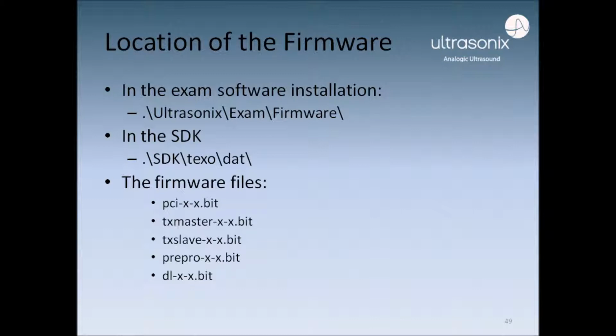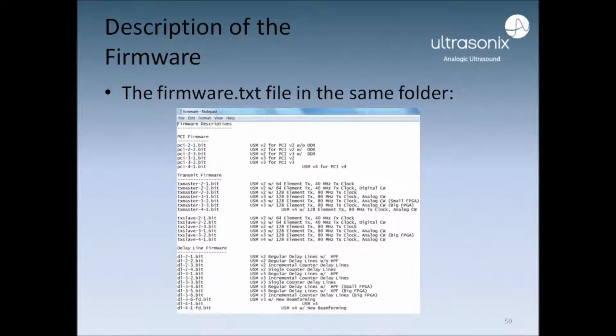The firmware files are .bit files, and here is a short list of them. The X's are the revision numbers. Also, in the same folder, you can find a firmware.txt file which explains what each of the firmware files are. Here is a snapshot of the inside of this file. This slide concludes my discussion of the hardware.